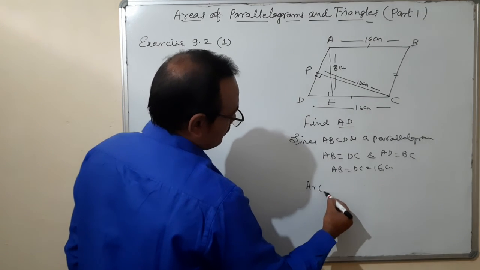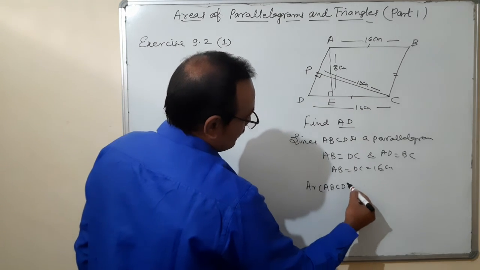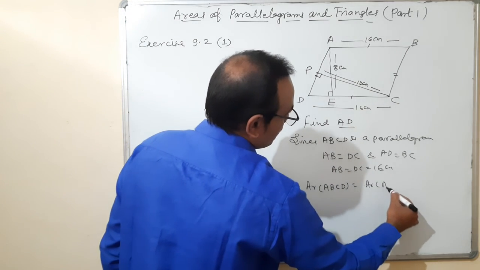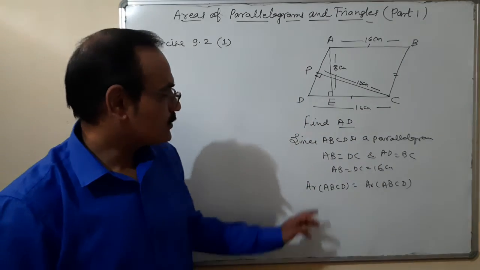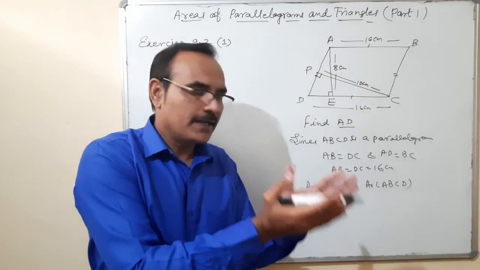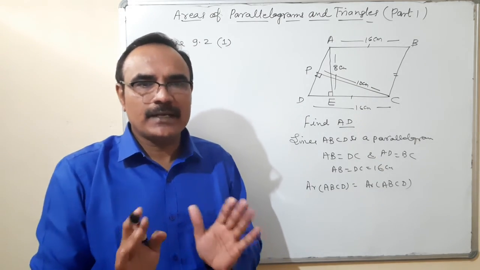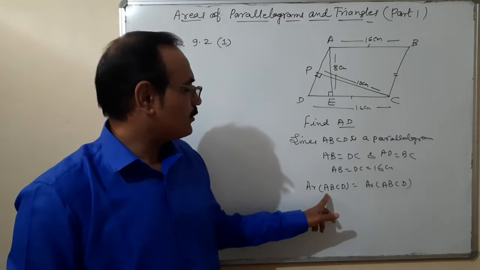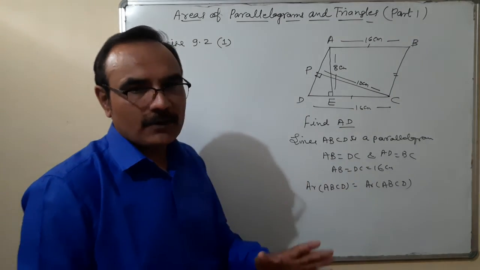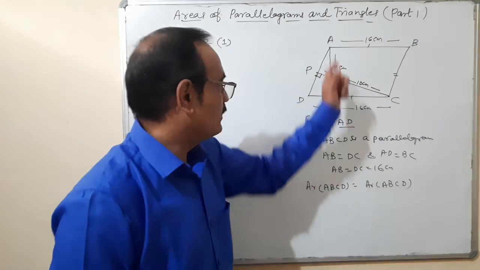Area of parallelogram ABCD is equal to... may I write the area of parallelogram ABCD? It looks awkward, but the area of a particular figure is equal to the area of the same figure, because I want to put the value in different ways. Area of parallelogram ABCD is base into height.